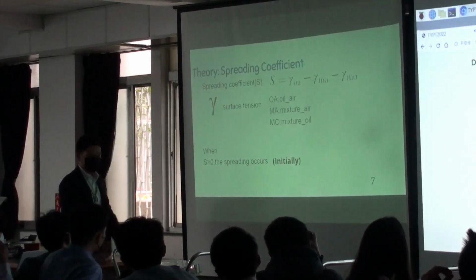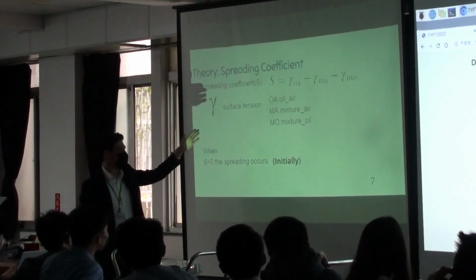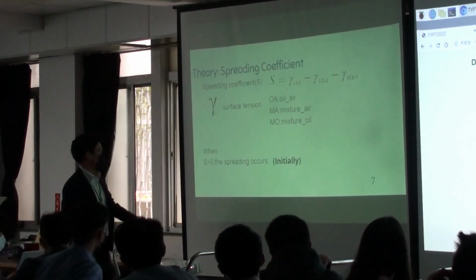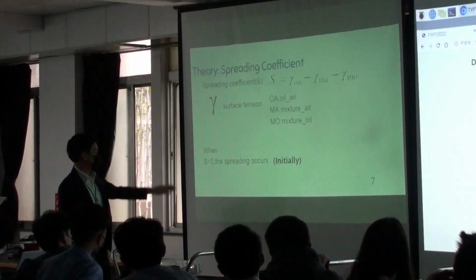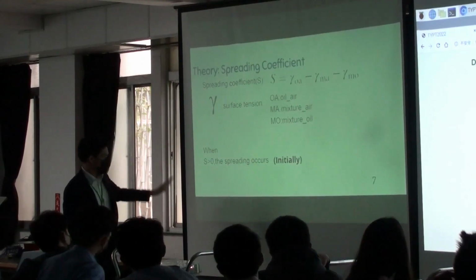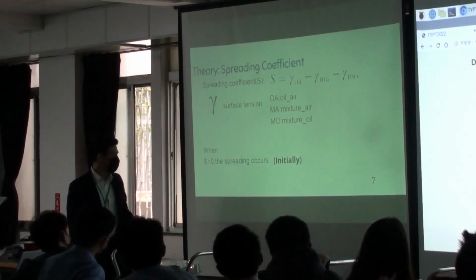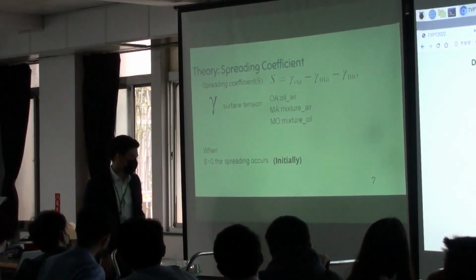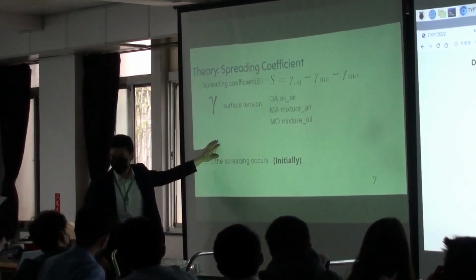We can then apply this to our situation, between oil and air, and the oil and the mixture, and get this equation. When the spreading coefficient is larger than 0, spreading occurs and droplets are created. However, this is not the final equation.